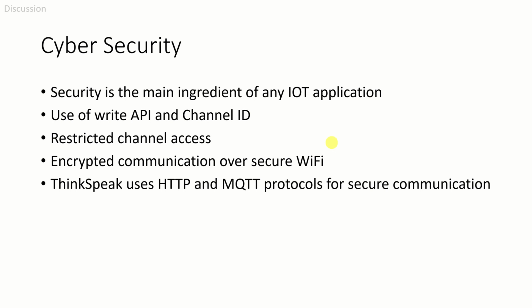We can also look into restricted channel access: do not make it available to the public, or try to implement different restrictions. Encrypted communication over secure Wi-Fi: we should avoid using Wi-Fi without security protocols. And of course, the ThingSpeak server has its own HTTP and MQTT protocols for secure communication.